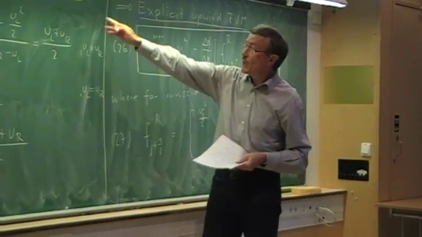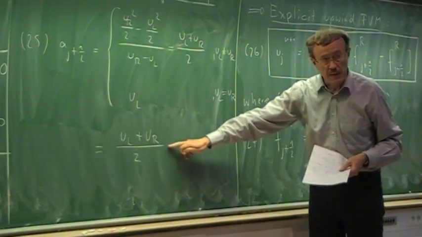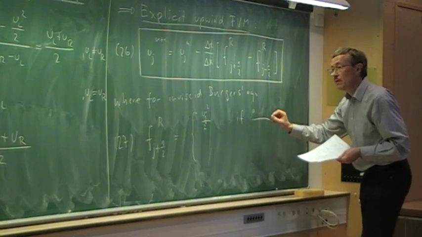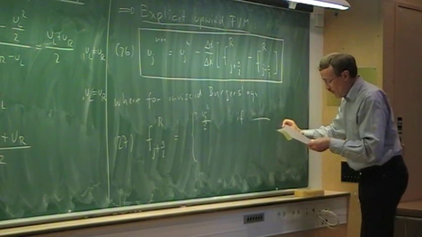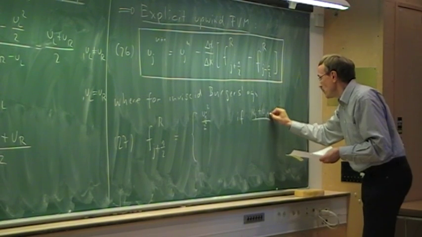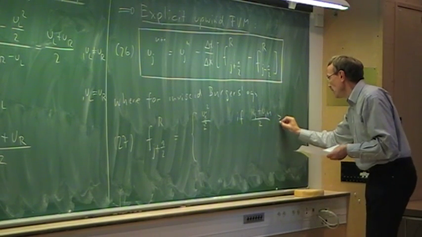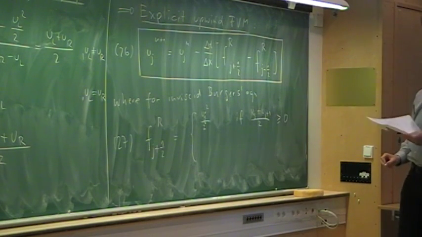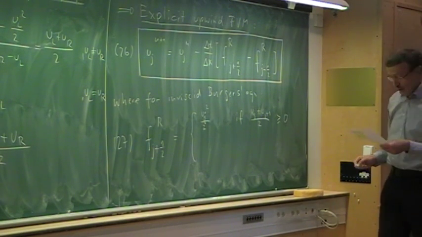And the characteristic speed for the inviscid Burgers equation is this. So now ul is uj and ur is uj plus 1. If that is larger or equal than 0, then we take the value of the flux from the left.